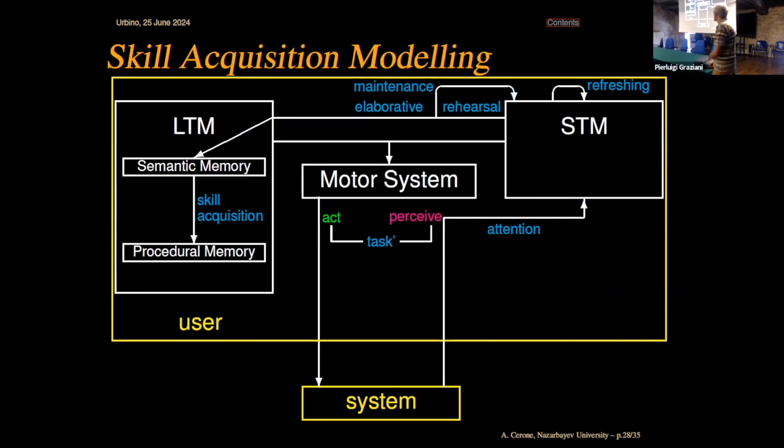Now, we talked about skill acquisition. What can we see about skill acquisition? Well, skill acquisition is the process in which information moves from semantic memory to procedural memory. When you learn to drive, this is what happens. Some information migrates from one to the other, and it's transformed so that it is performed in an automatic way.